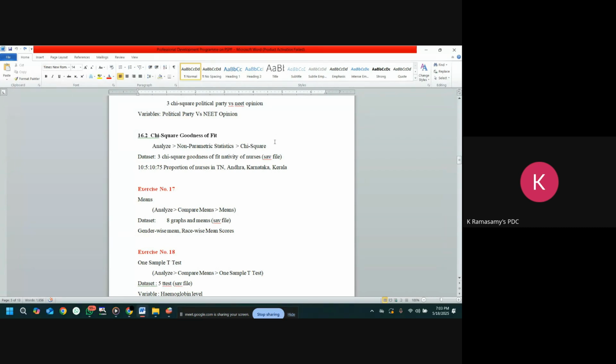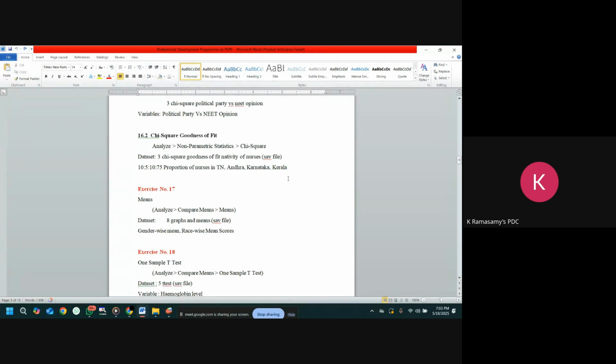Now you are doing a study and you want to decide whether whatever data you are having in your hand is coinciding with the internationally found out ratio. What is the internationally found out ratio? If there are 100 nurses, 10 are from Tamil Nadu, 5 are from Andhra, 10 are from Karnataka, and the remaining 75 are from Kerala. This is what many studies have found out. You want to find out whether your data is also fitting into this ratio or not.